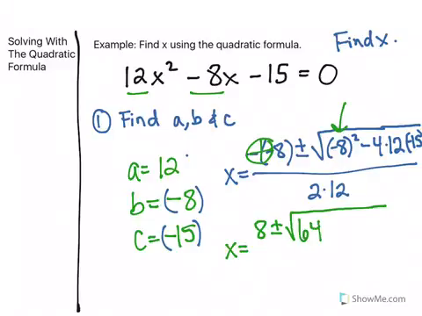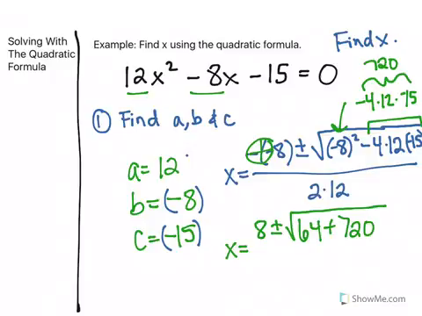Then I'm going to multiply these values right here. So we have a negative 4 times 12 times negative 15. So I have two negative values, so I know it's going to become a positive value when I multiply all of those together. And if I plug that into my calculator, I'm going to get 720. So I'm going to write plus 720 down here, divided by 2 times 12, which is 24.